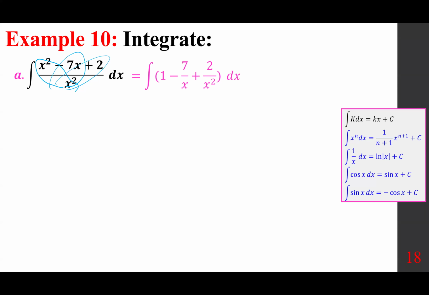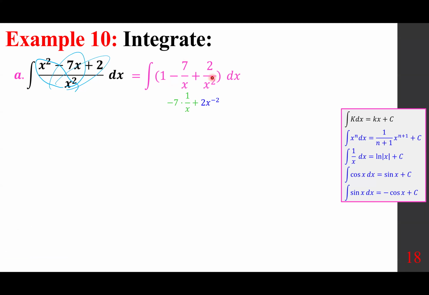Now, to get to the rest of it, first we want to make sure we understand this. You don't have to write it, but this is minus 7 times 1 over x, and this is 2 x to the power minus 2. So why are we writing it in this format?